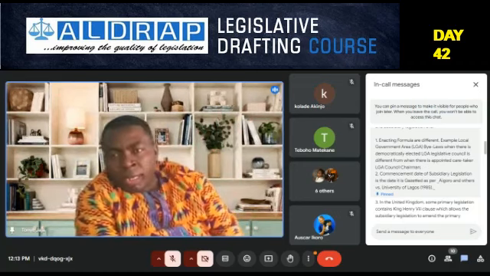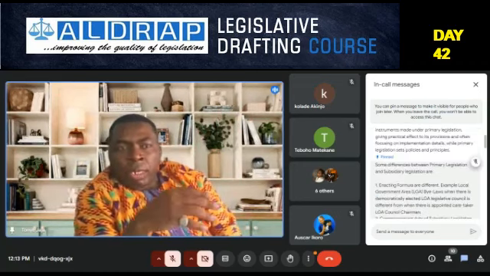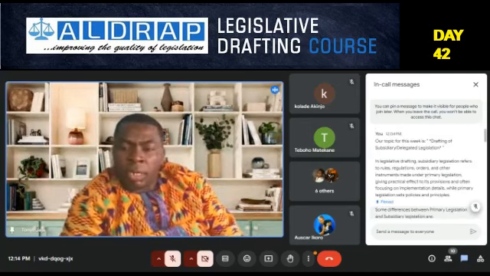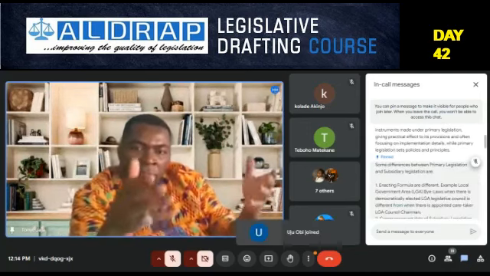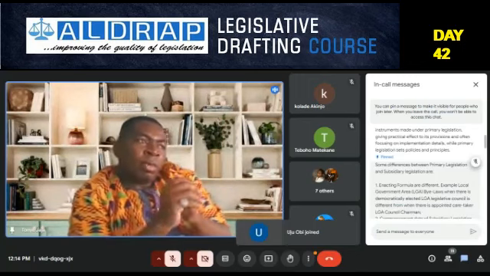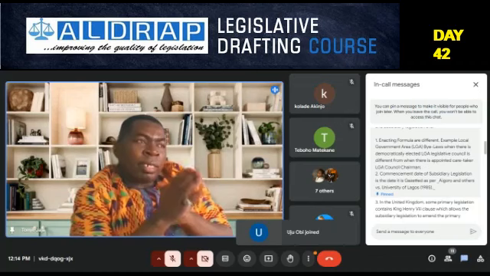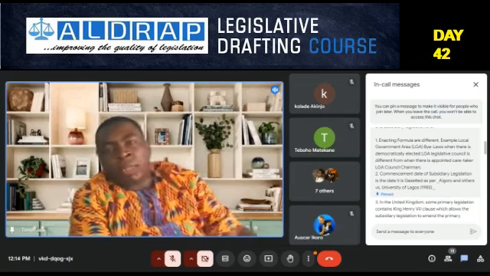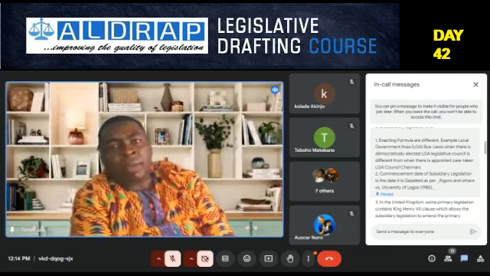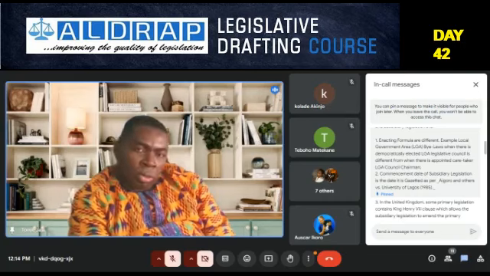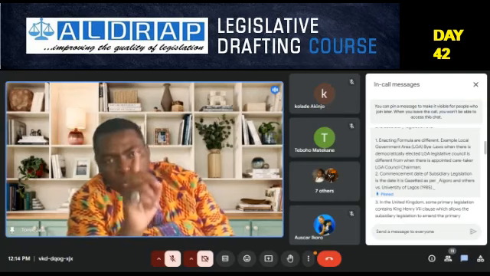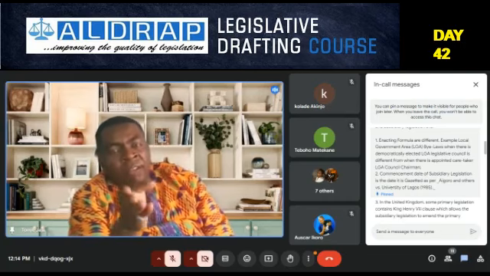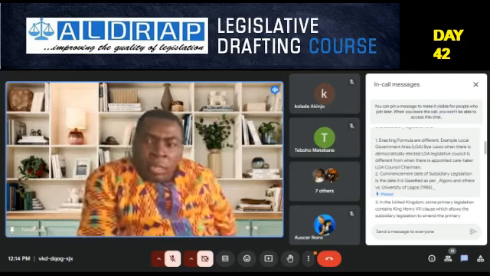In the United Kingdom, they have a general practice. They call it laying before Parliament, just as you have in Lesotho. However, there is a fundamental difference. In the United Kingdom, they have what they call a Henry VIII clause. Some legislation, not all, has a Henry VIII clause.